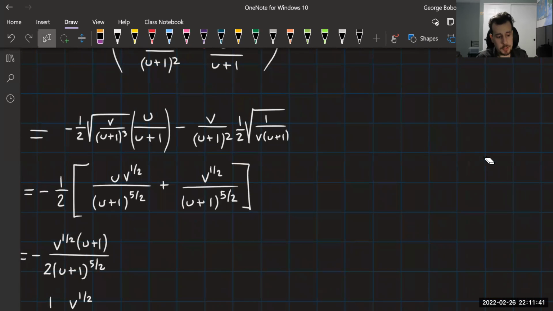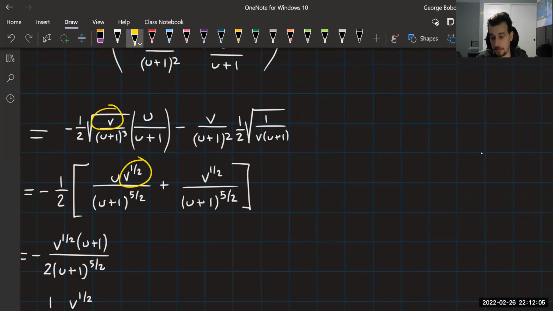If you're ever confused, to do the algebra effectively, I always distribute the power of the square root into the things that I'm working with. So this to me looks like u plus 1 to the 3/2. And then I'm multiplying it by u plus 1 to the 1. 3/2 plus 1 is 5/2. And that's why you see that here. So I always distribute that square root in.